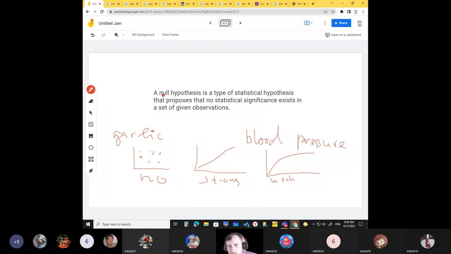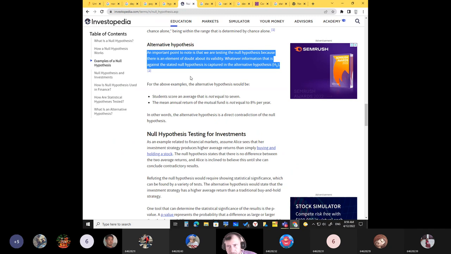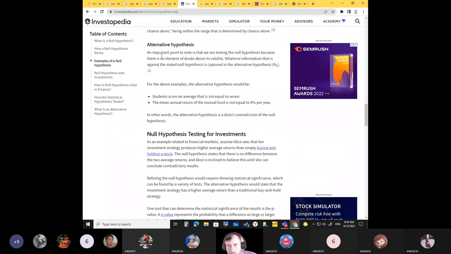So we have some hypothesis. Null hypothesis is there's no statistical significance, right? No statistical significance. It's so small that it means nothing, right? Oh, in one person it changed something, but overall nothing happened, no statistical significance, right? So we have null hypothesis and we have alternative hypothesis.